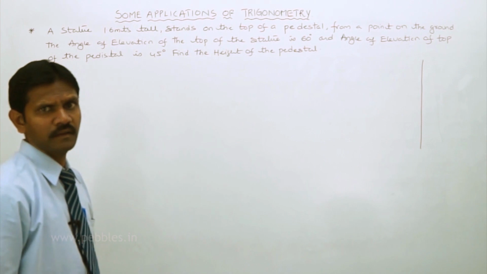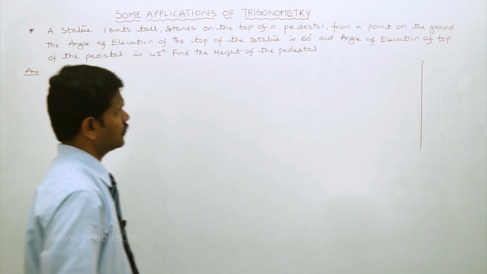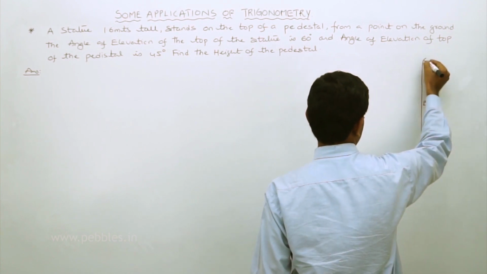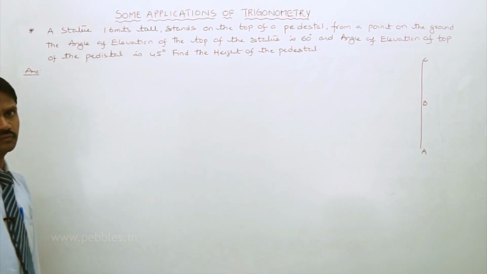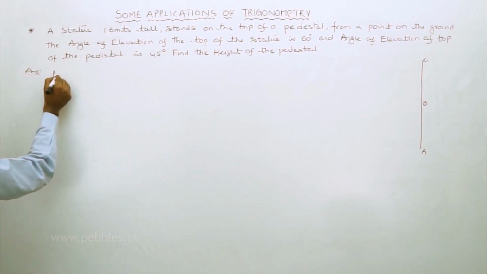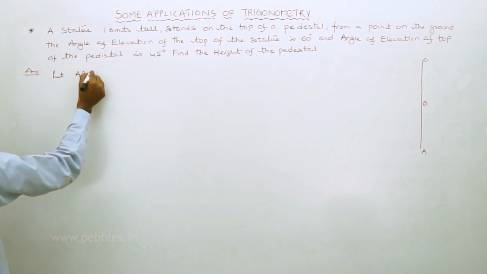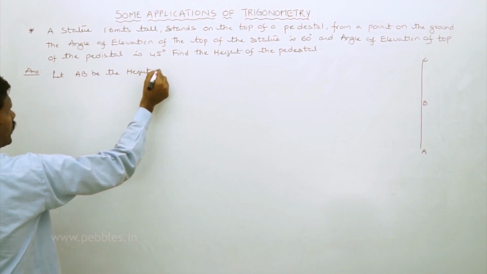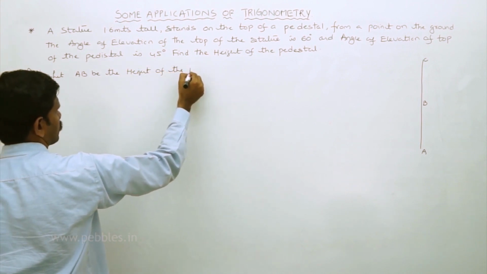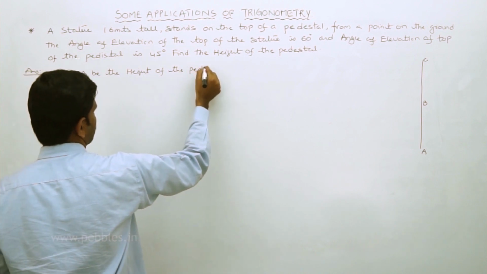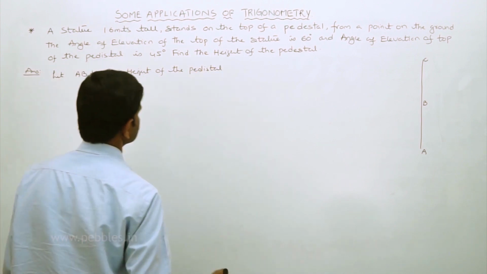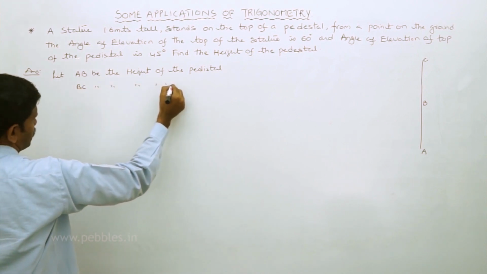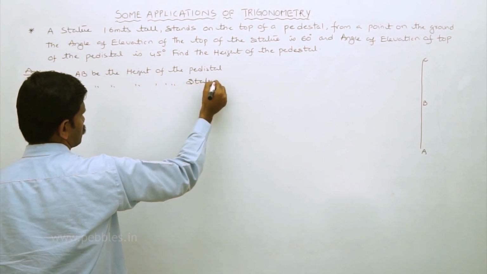Let AB be the height of the pedestal and BC be the height of the statue.